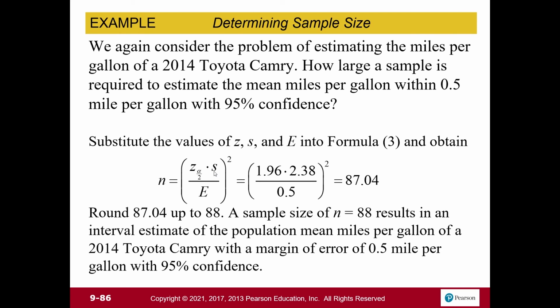S was given to us. Well, we got 2.38 from the standard deviation of that sample, and then we're dividing by 0.5, which was that margin of error there. And it looks like we got 87.04, but we're going to round that all the way up to 88.